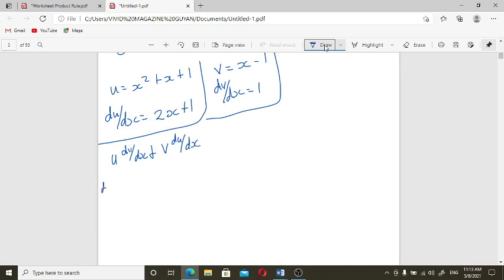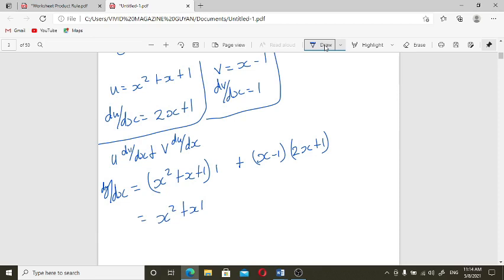So this is equal to u, which is x squared plus x plus 1, of dv dx, which is just 1, plus v, which is x minus 1, of du dx, which is 2x plus 1. So this is equal to x squared plus x plus 1, because of course when 1 multiplies it's going to be the same thing. And then you have plus, just showing the arrows of what I'm about to do.